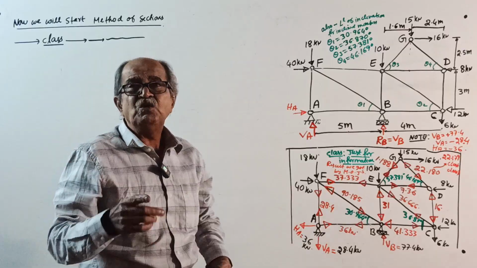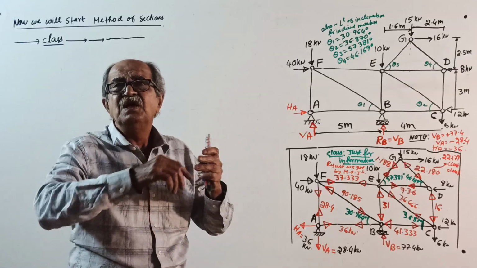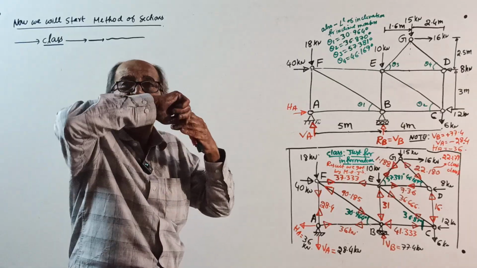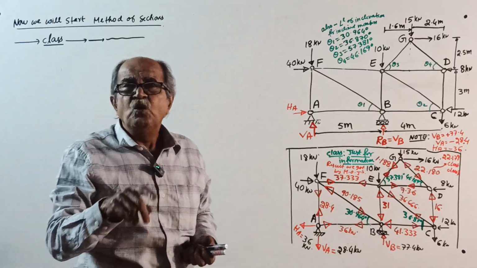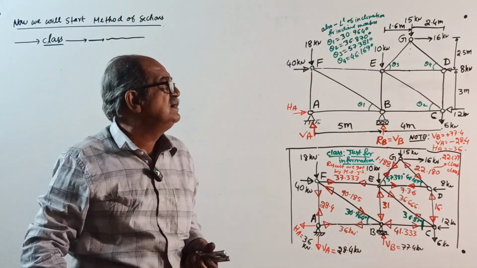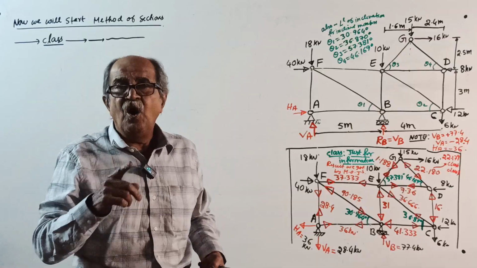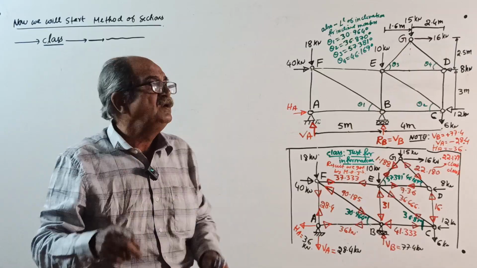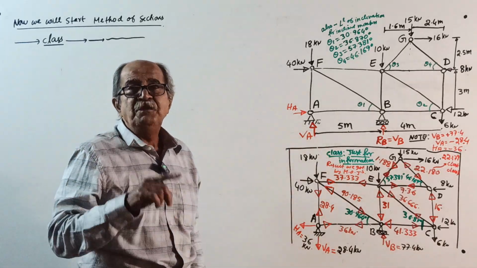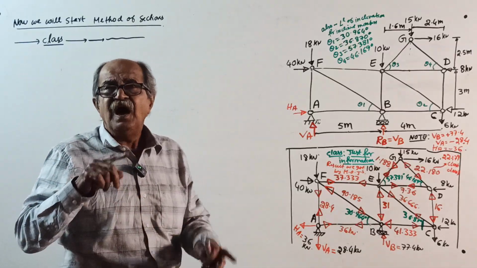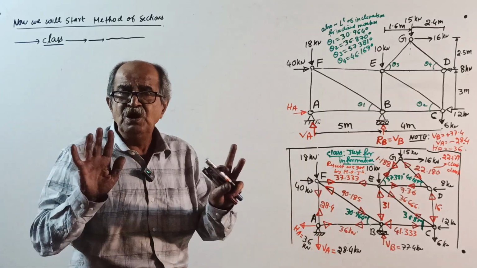But our question we decided is independent, so better assume the forces going away from the joint. Once you assume going away from the joint, you are actually assuming tension. If it comes positive, the assumed direction is correct. If it comes negative, the assumed direction is wrong. I will explain all that and make it fully clear.